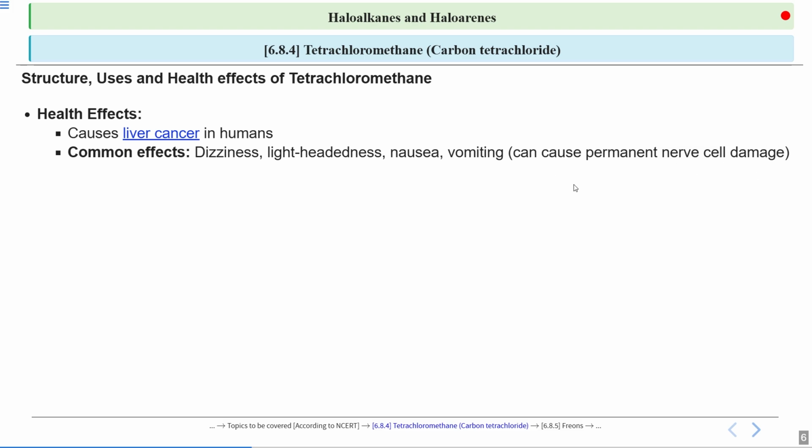So in your brain, it can even cause permanent nerve cell damage if you come in contact with carbon tetrachloride. These are some common effects of exposure. Severe cases include rapid stupor, coma, unconsciousness, or even death.